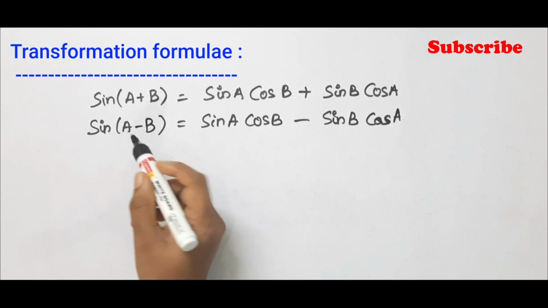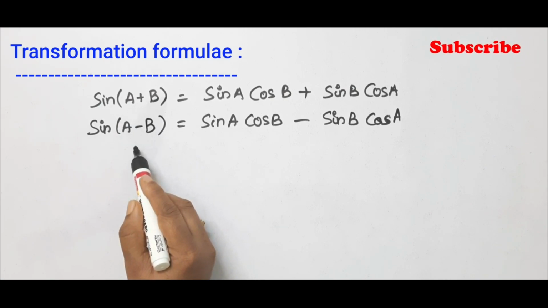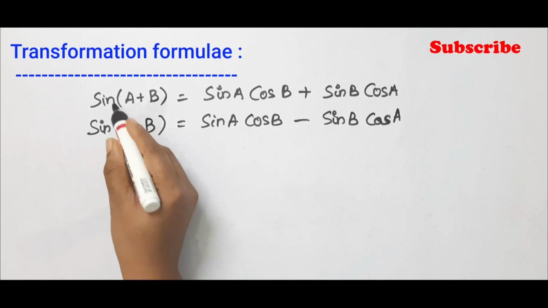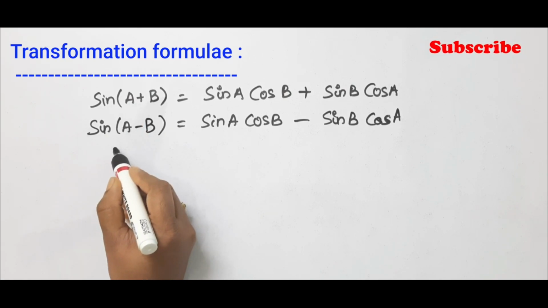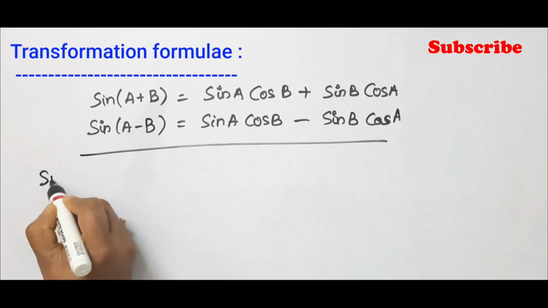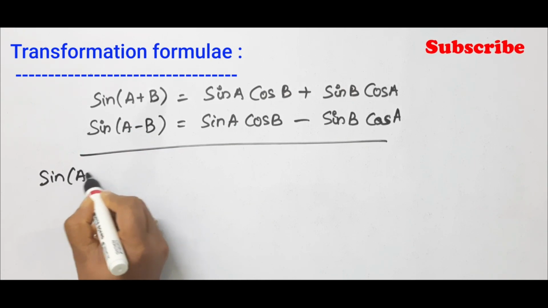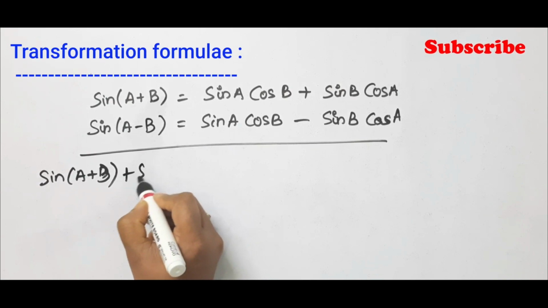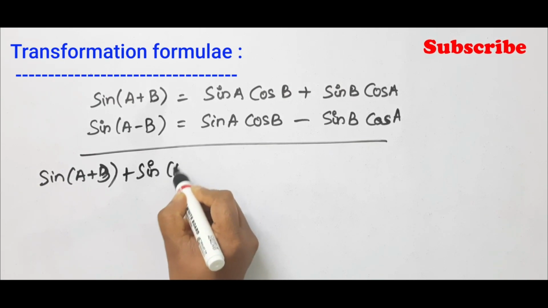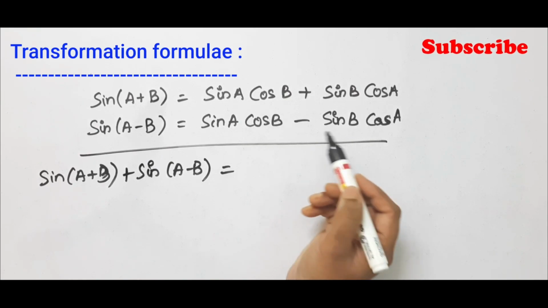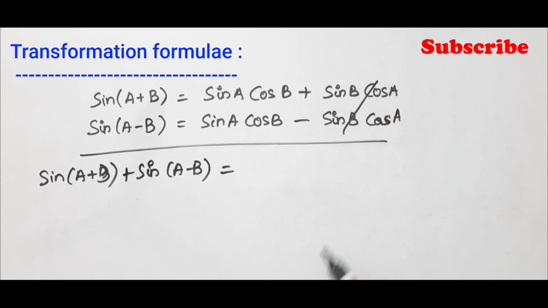If you add these two, let us see what result we will get. This becomes sin(a + b) + sin(a - b) is equal to, these two get cancelled.